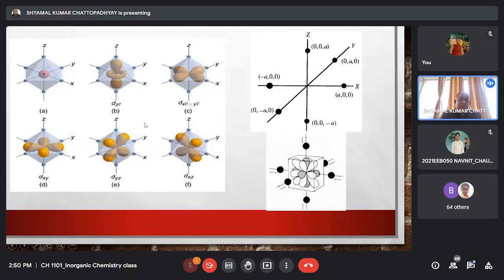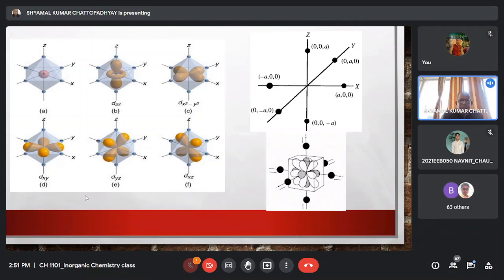So in other words, from this picture, what do you find? Because of the spatial symmetry of the ligand environment, x square minus y square and z square face more repulsion because their lobes are frontally confronting the ligand charges, whereas the xz, yz, and xy orbitals face less repulsion, because their lobes are situated in between two ligands.